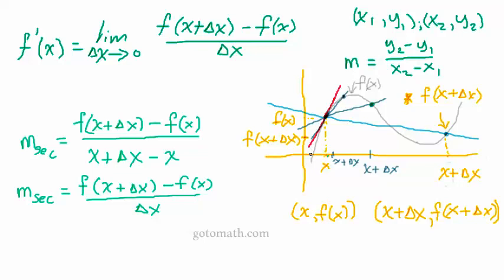And if we're going to let delta x approach 0, then we're going to use the limit. And of course, you're going to see this demonstrated in problems 2, 3, 4, 5, and so on. But this is the explanation on what this thing is.